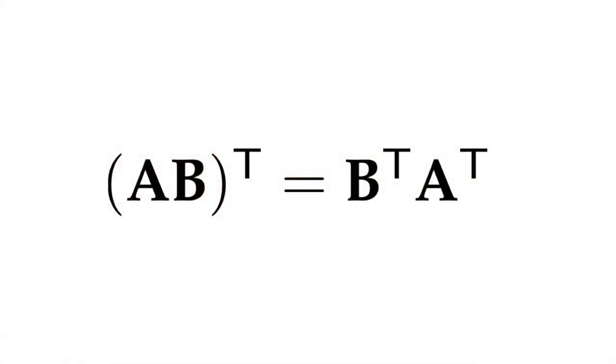Before we get into the derivation of the closed form solution for the least squares problem, a couple of identities that we're going to make use of, that it's useful to recall at this point. Matrix multiplication is not, in general, commutative, but there is a version of it that is commutative if you also transpose. So (AB) transpose is the same as B transpose times A transpose.